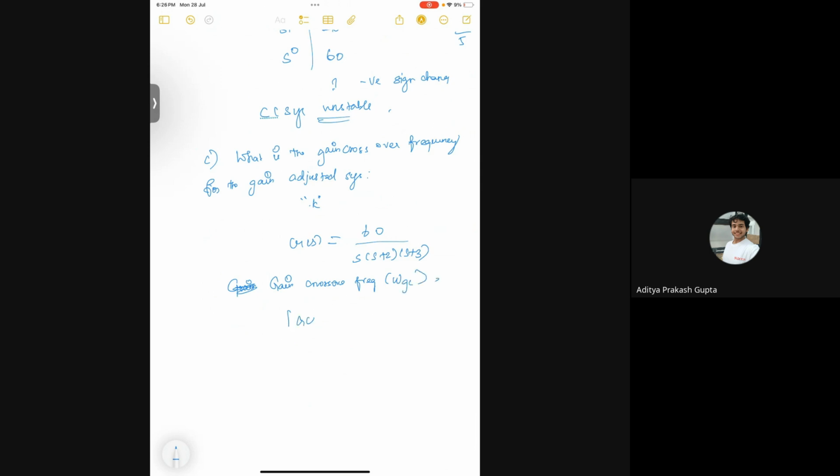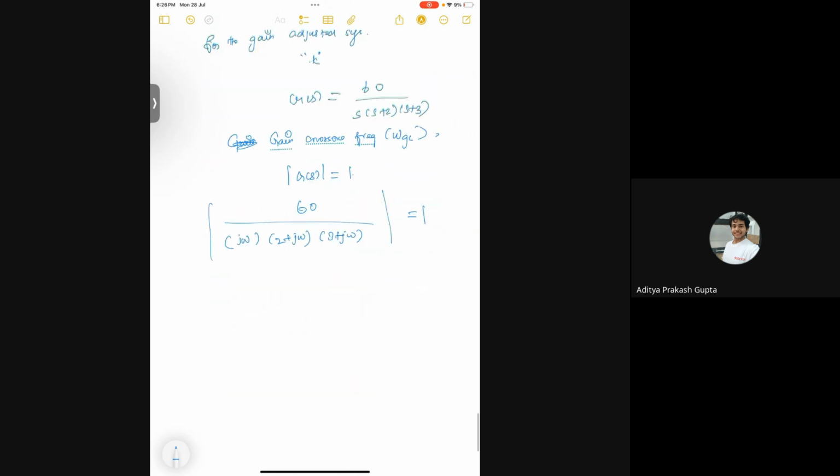If we find the magnitude of it, this will be equated to 1, that is 0 decibels. So it will be 60 divided by j omega into 2 plus j omega into 3 plus j omega, and this will be equal to 1.